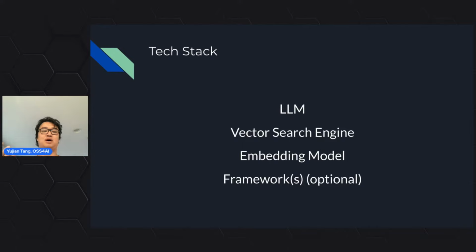There's going to be an embedding model. The embedding model takes your data and turns it into embeddings or vectors. And there's going to be some set of frameworks. Usually the frameworks are optional, but it's good to have frameworks that make your development easier. You can use frameworks like orchestration frameworks or quality tuning frameworks or observability frameworks, things like that.